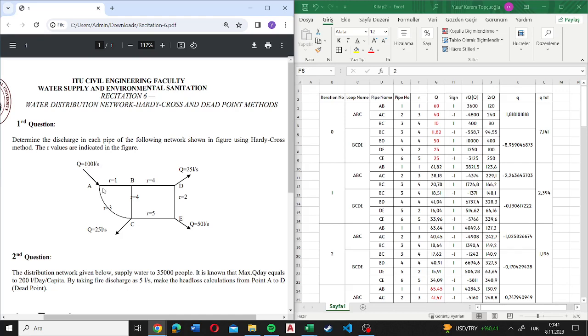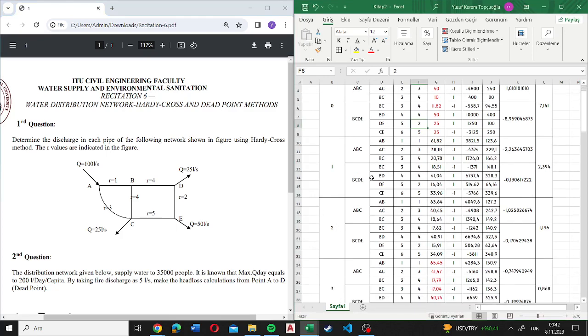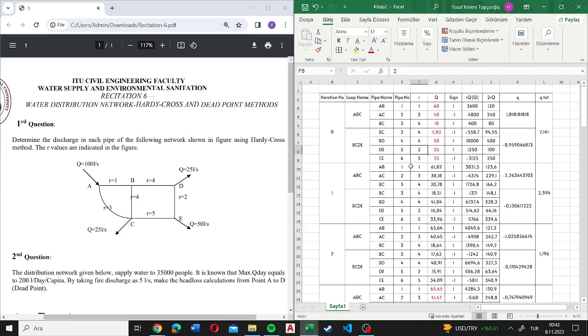As an engineer, if you make a far assumption from the real discharge value, you have to make the iteration for hours and hours. So you should use your engineering experience and make the assumption closer. So we made the assumption like this.